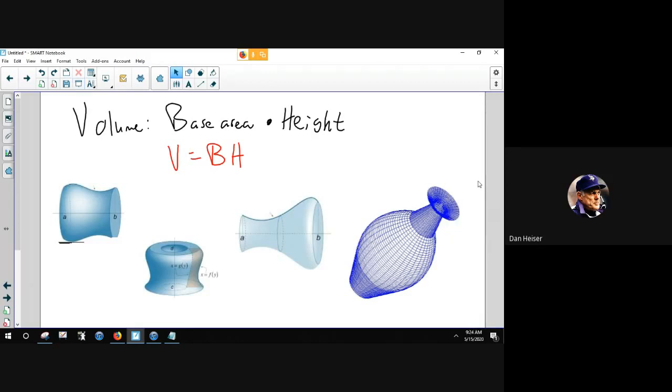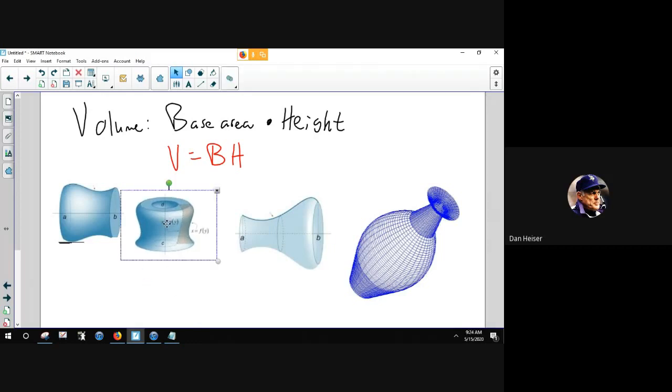These are what you would see more in the real world, because not everything is a perfect prism, pyramid, cylinder, or cone. They are all sorts of various types of curves and twists and shapes and whatnot. So calculus allows you to find the volumes of these different figures. And it's a little hard to see on this one right here. Let's see if I can blow this one up a little bit.